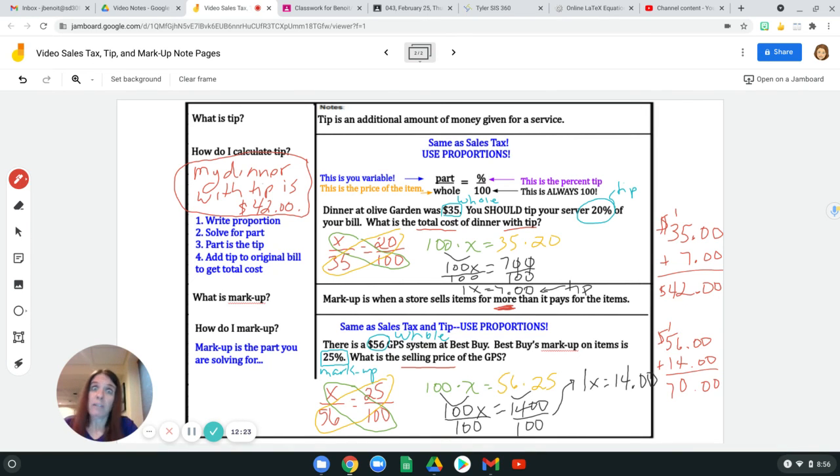There's still going to be sales tax on that, right? So the selling price for the GPS is 70 buckaroos.